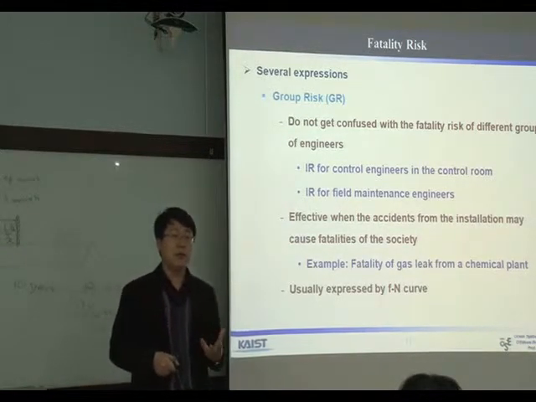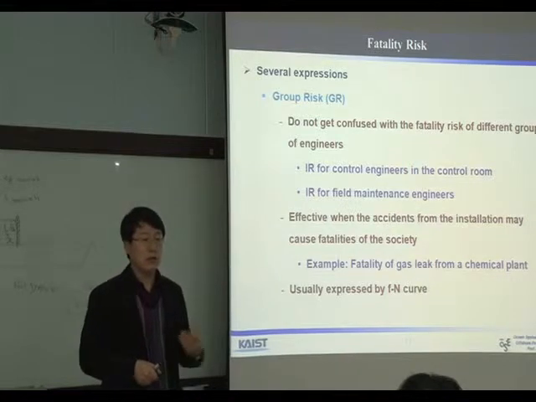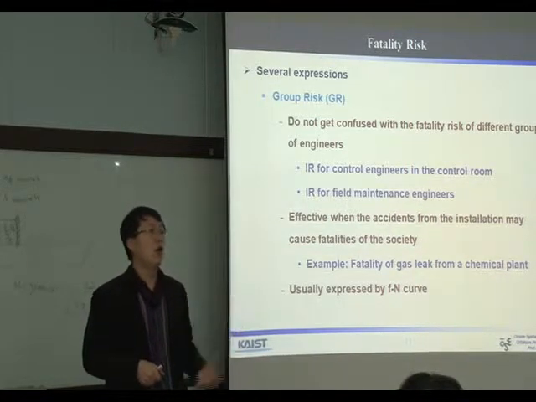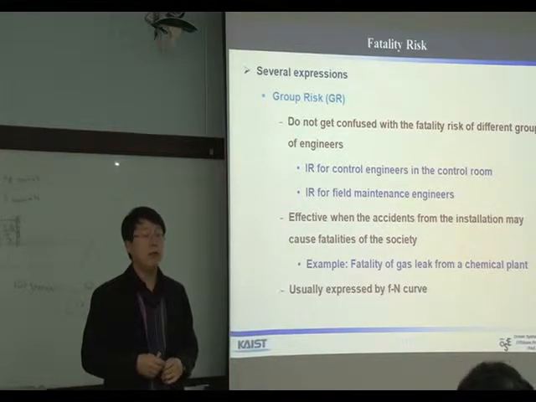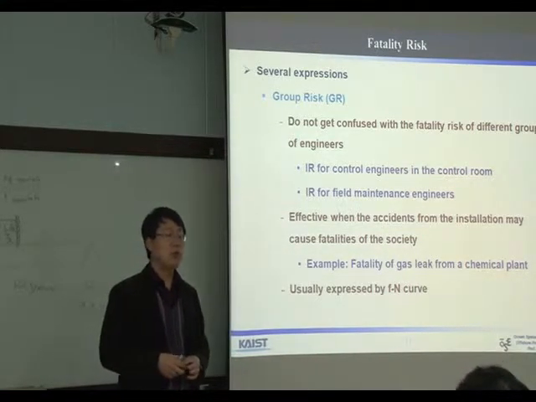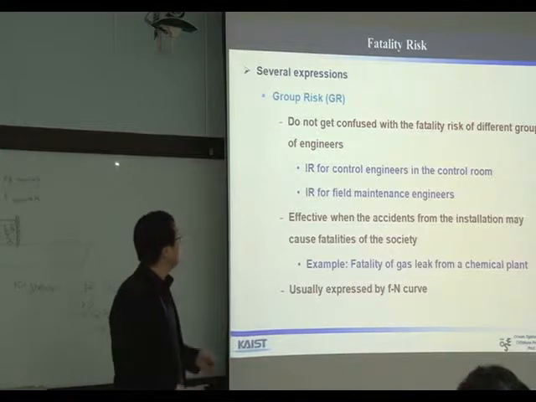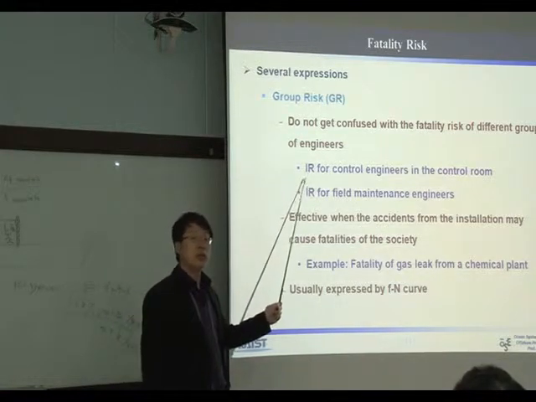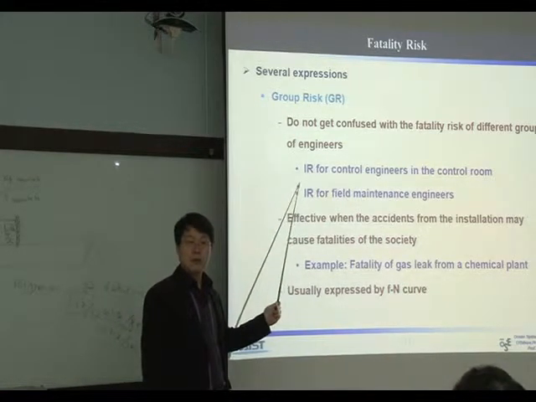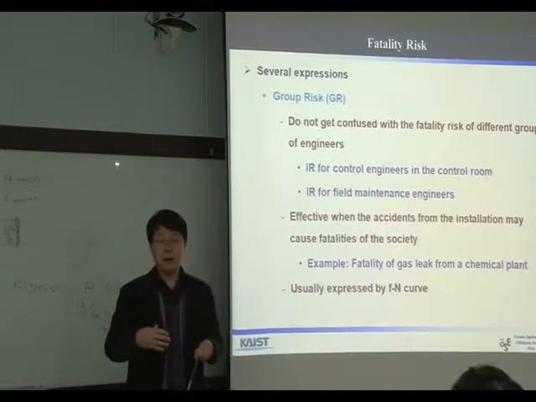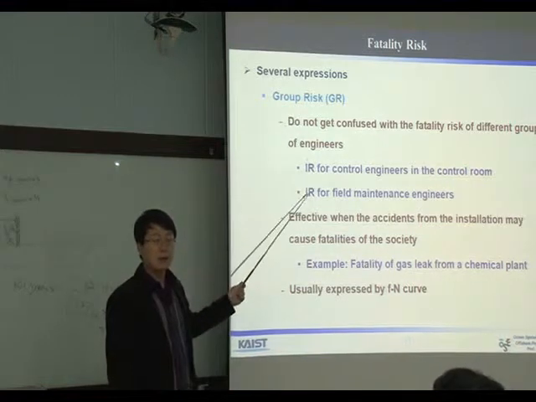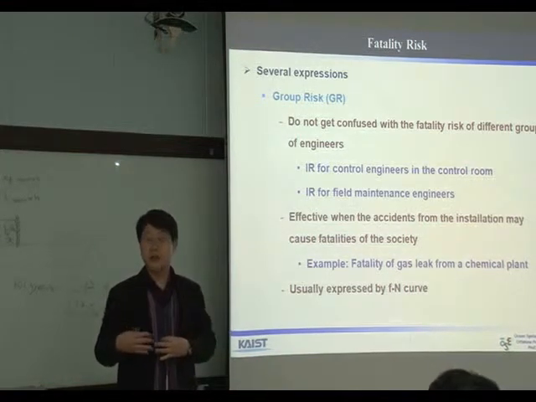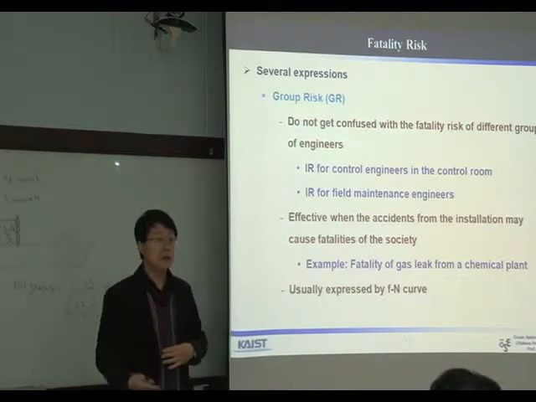The FN curve is very effective to show the overall trend of the risk. The FN curve can be used for group risk and also for the risk for individuals, the individual risk.